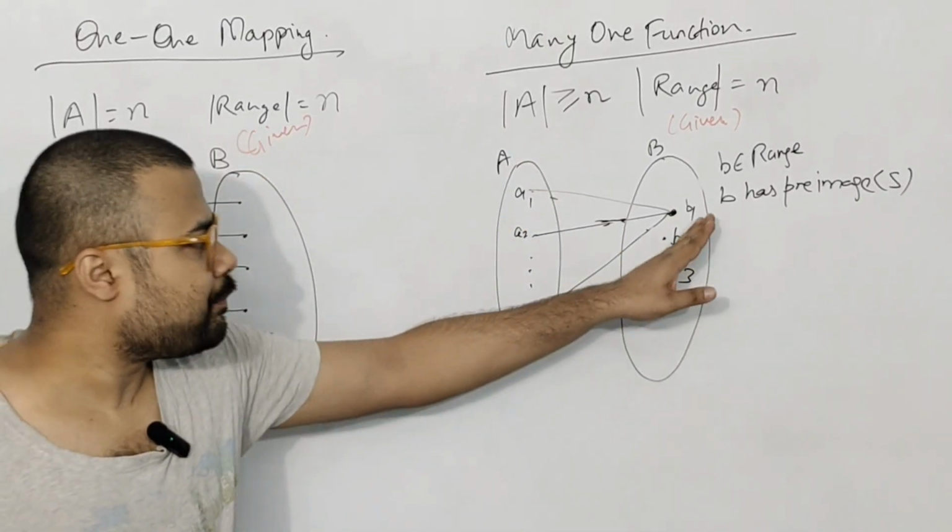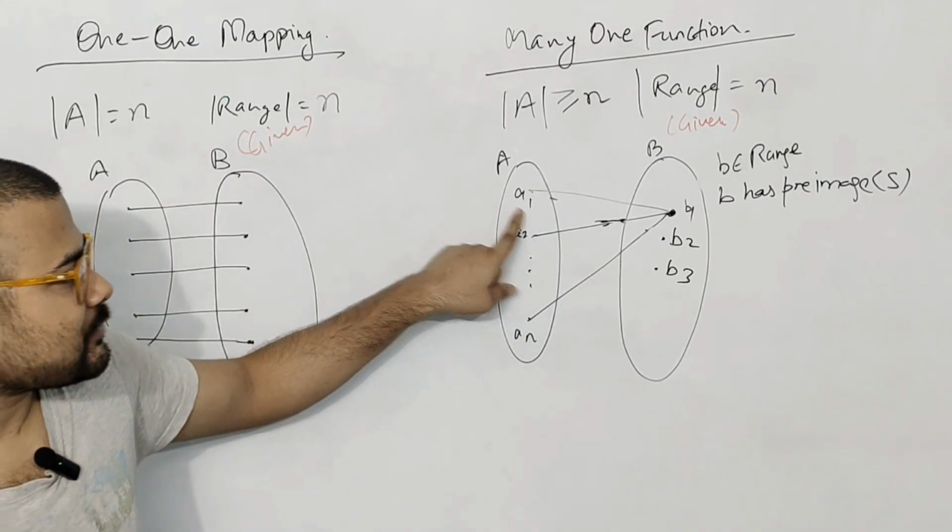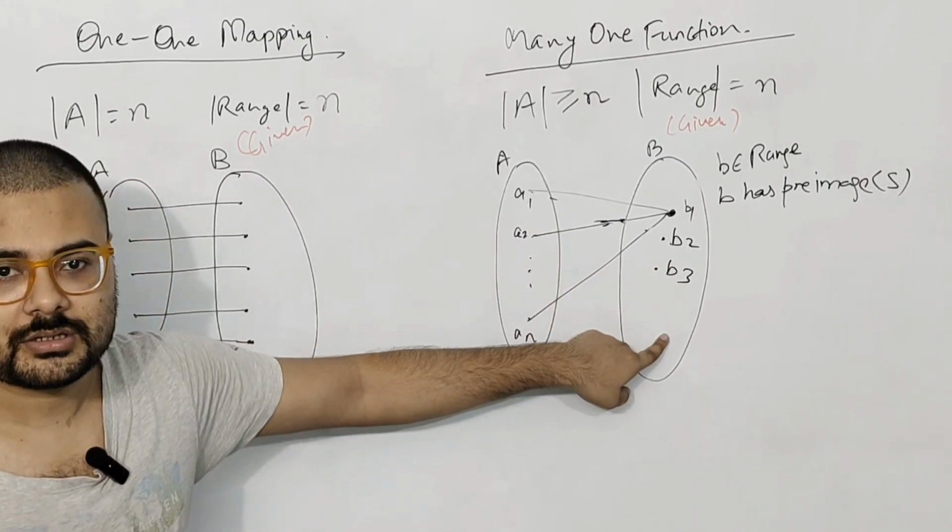So for every different element that you see in the range, if B1 has a pre-image, then that pre-image will not have any other image.